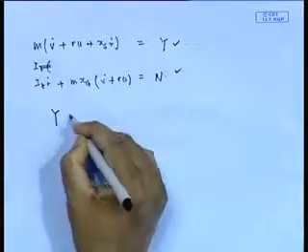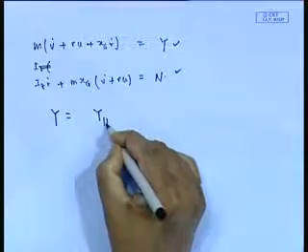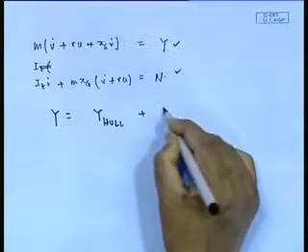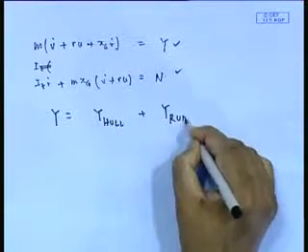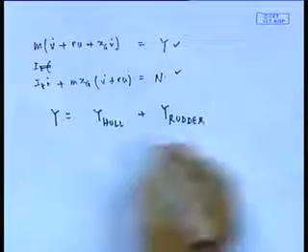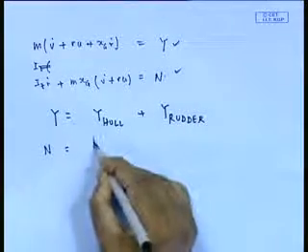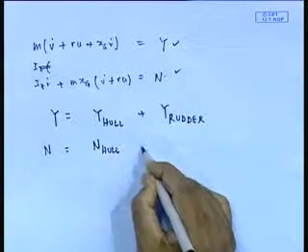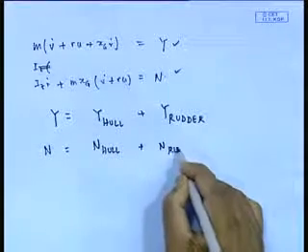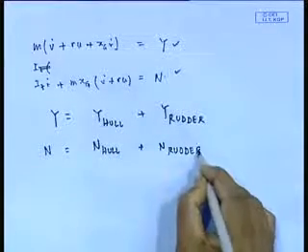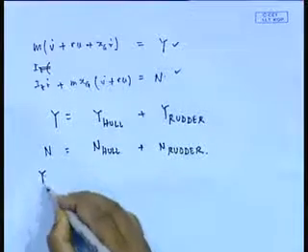So, what we said is that y is essentially y hull, and n was like that. Now, y and n.